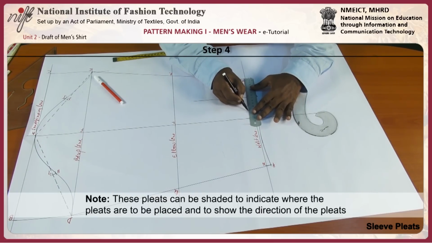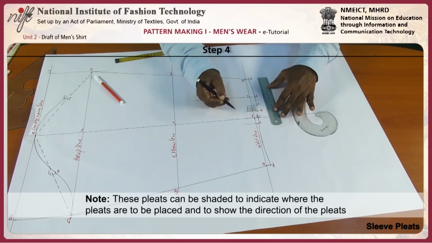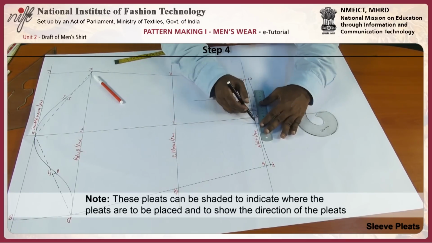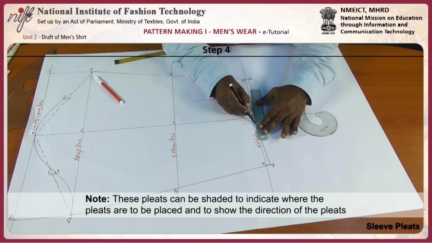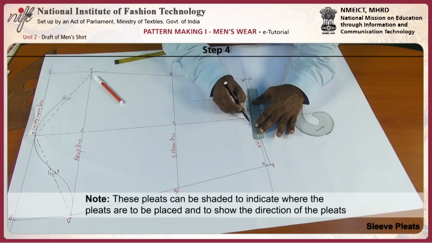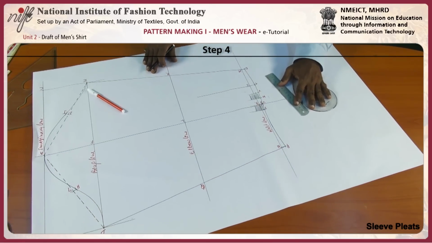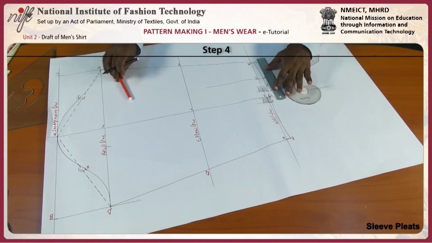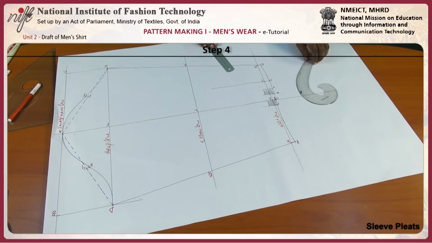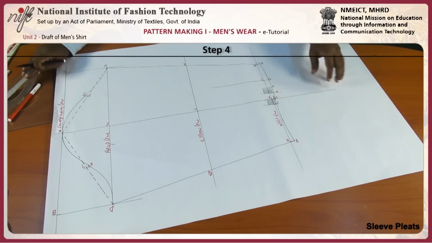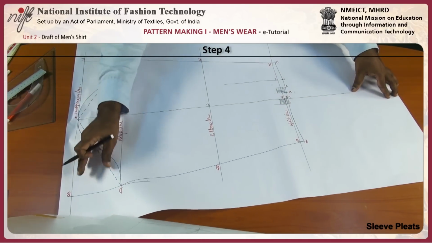This can be shaded like this so that these shades indicate the pleat allowance, which can also be shown with direction.